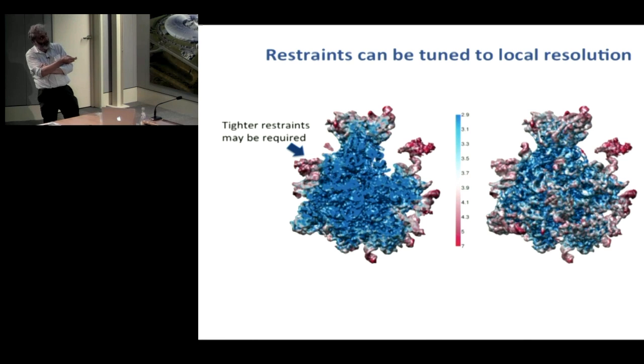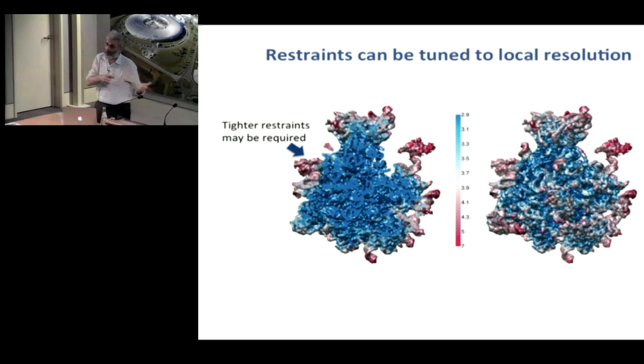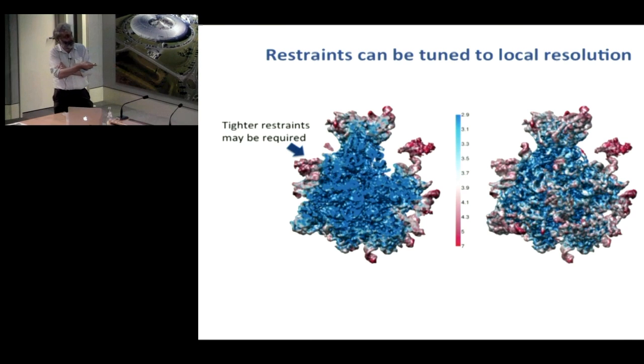For example, where you have not a high resolution, you could use much tighter restraints, because when you have less data, then you have to use more information from somewhere else. When you have more data, you could use less information from somewhere else.